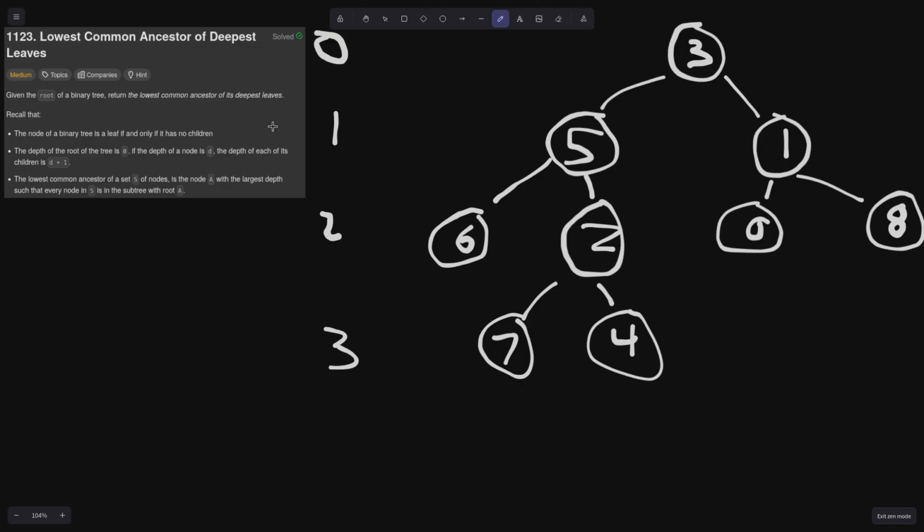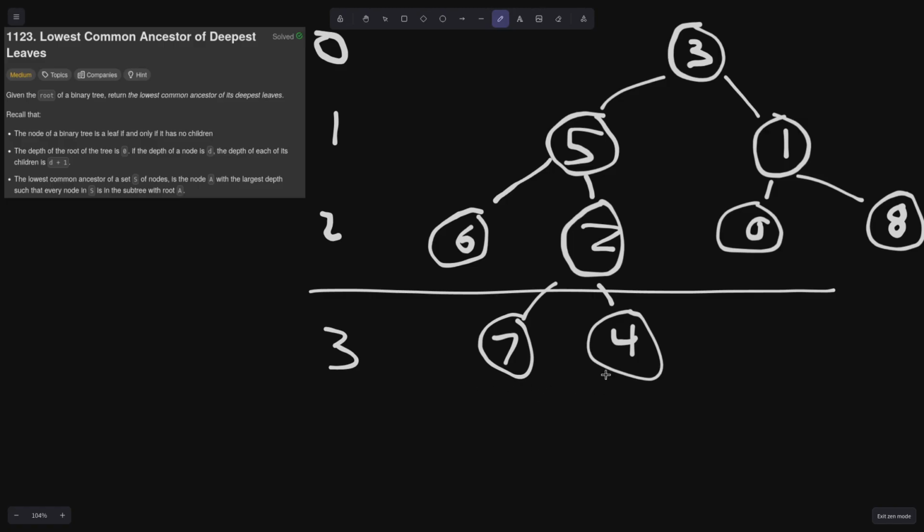Okay, let's unpack that. What we're trying to find, the lowest common ancestor with the largest depth, is the subtree which contains all of the deepest leaves in the full tree. In our case, the deepest leaves are all at level 3, so it's these 2 leaves.